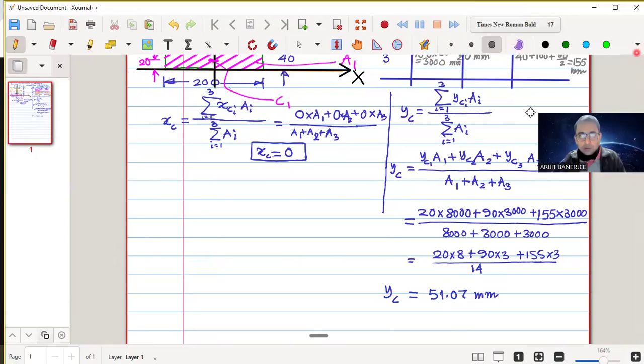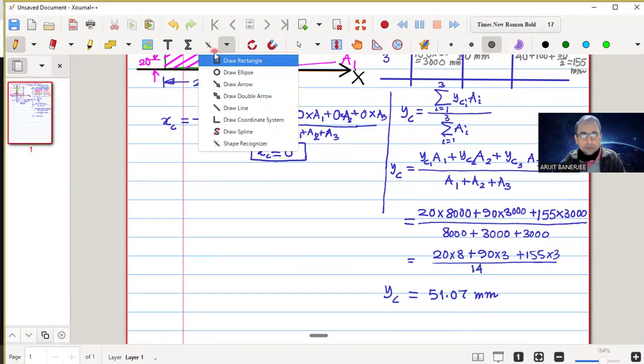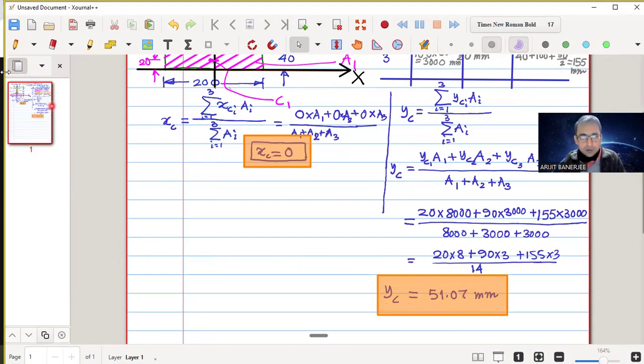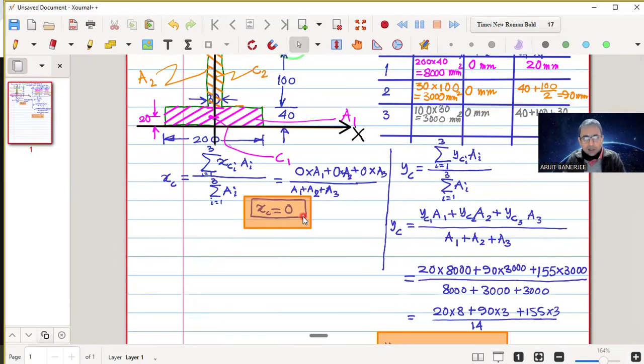So let me mark them. First of all, these are the things that we can identify. XC is equal to this and YC is equal to this. Okay, next job is to determine the centroid location. Now, can you tell me where is that?